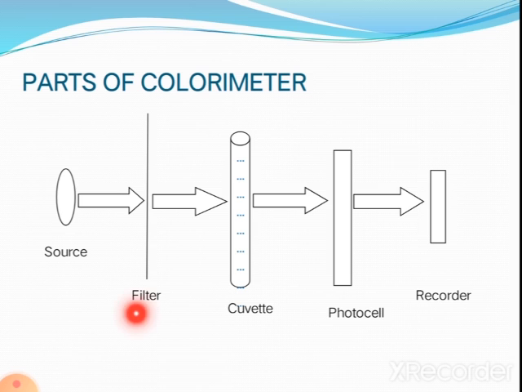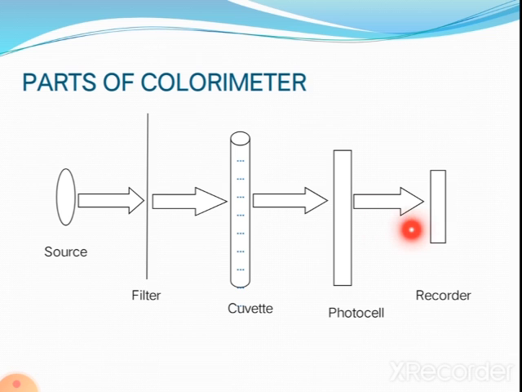It allows a particular wavelength of light radiation by absorbing other wavelengths. Then the cuvette or sample holder, within which the sample solution is taken in colored form. Then the light passes from the sample cell onto the photo cell or photo detector, which converts the light radiation into electrical signals.